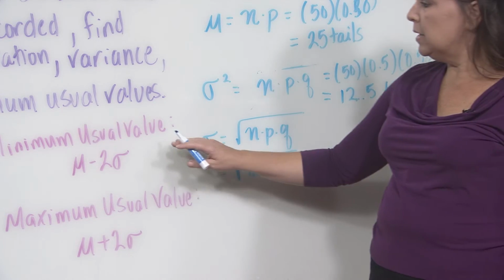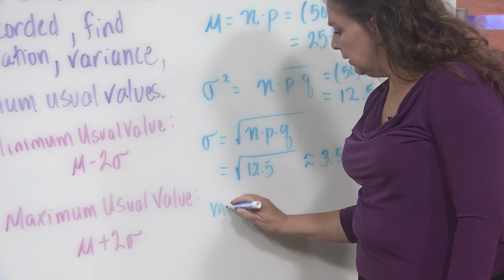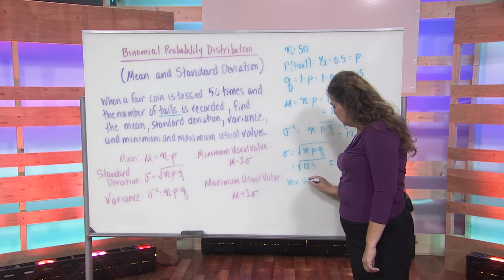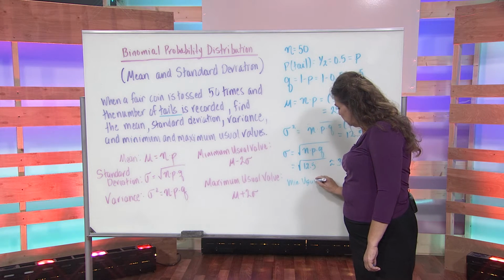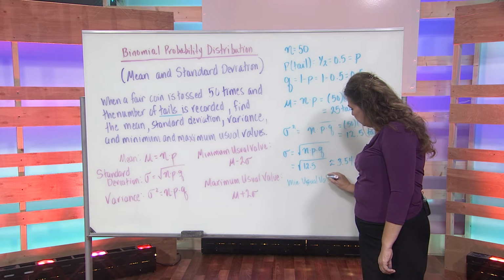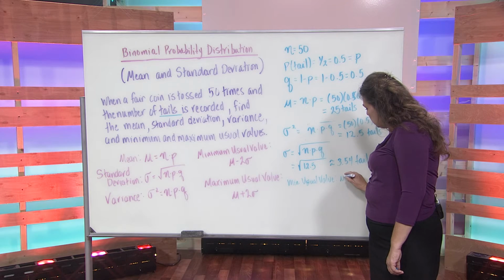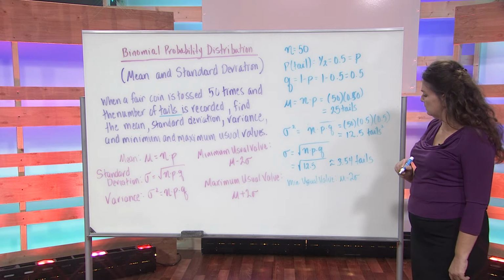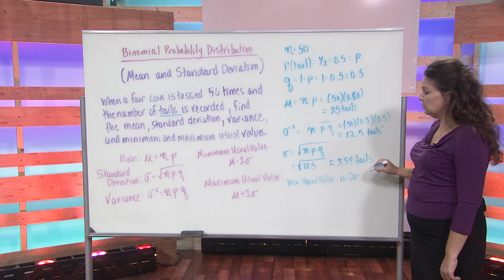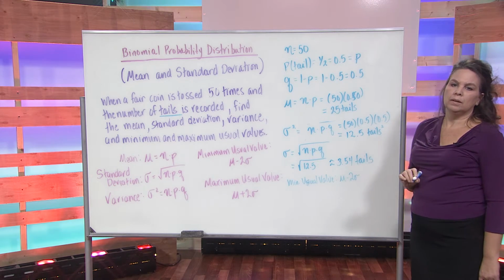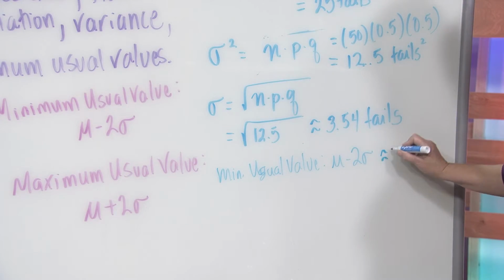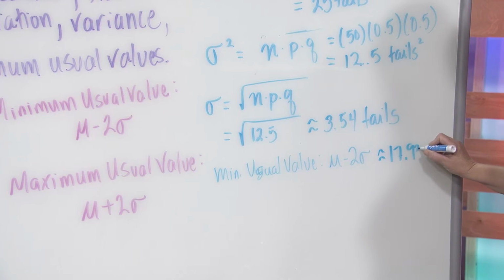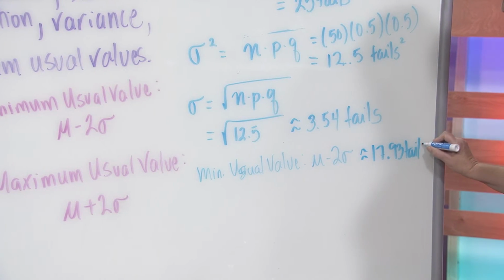Now for our minimum usual value, that is our mean minus 2 standard deviations. So if you plug in those values, the mean minus 2 times the standard deviation, that's going to give us approximately 17.93 tails.